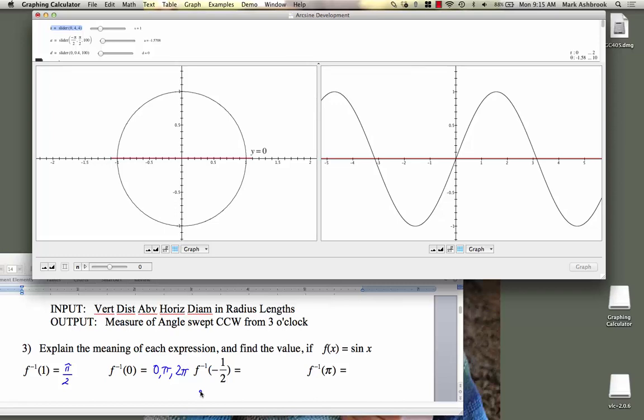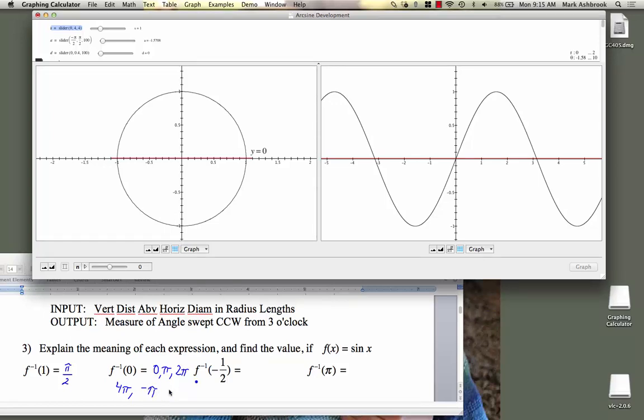Any more angles that will get you to the 0? 4 pi. What about clockwise angles? What about going clockwise? What would that be? Negative pi.